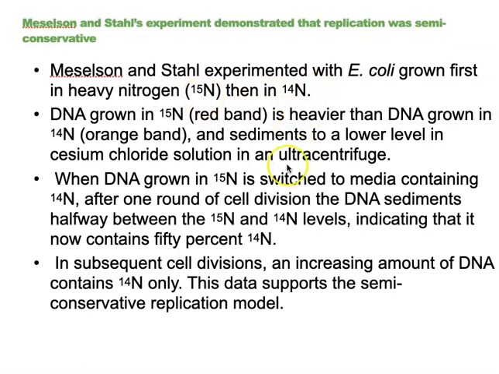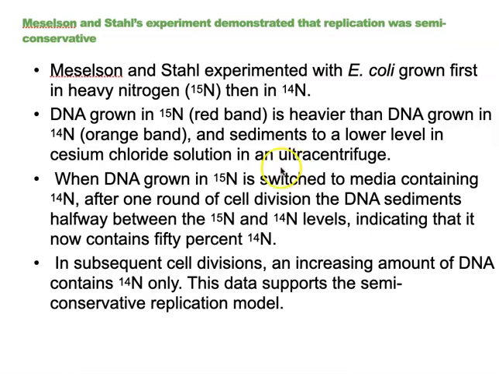DNA grown in nitrogen 15 is heavier than DNA grown in nitrogen 14. You're going to use a tool called an ultracentrifuge. If you've ever used a washing machine, that's how a centrifuge works, especially on the spin cycle.